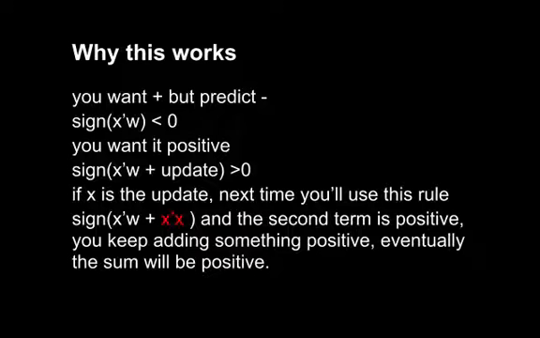And so if we keep doing this, eventually everything inside that sign is going to be positive. It might not work if we see the data point once. We might need to see it 10 times, but eventually that point will end up on the right side of the line. So if it's positive, you add the vector.